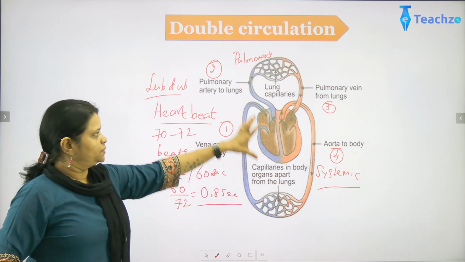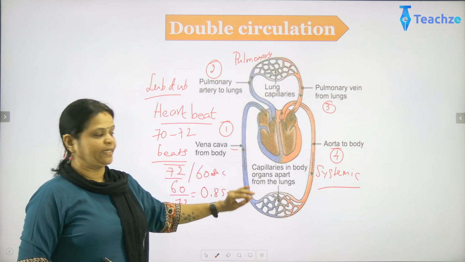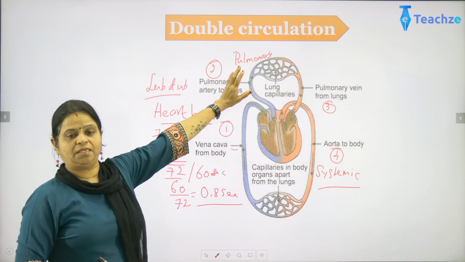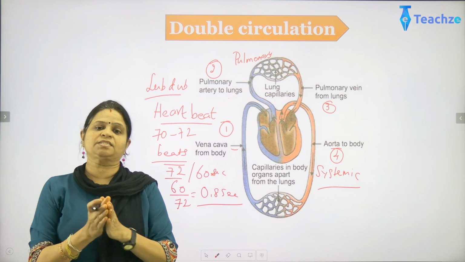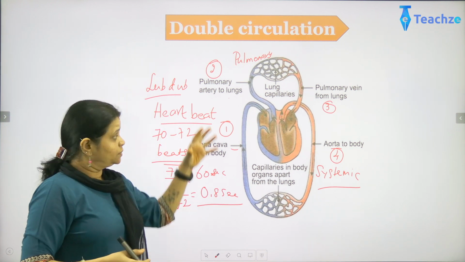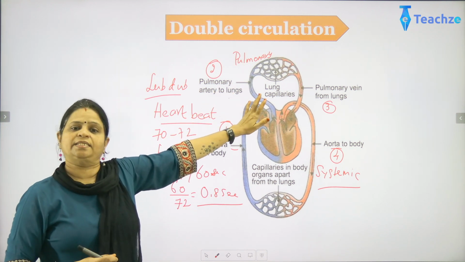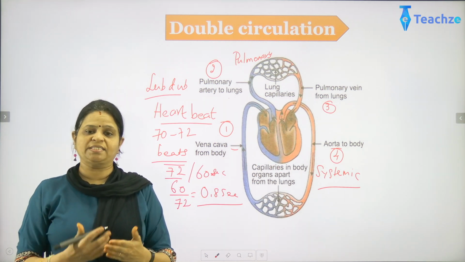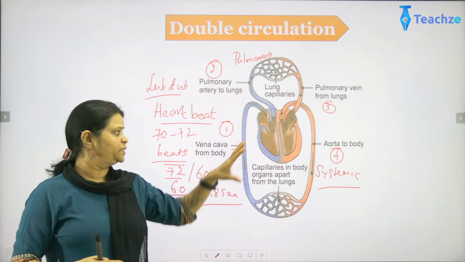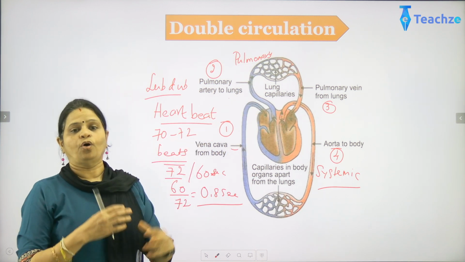So you have the entire circulation divided into the systemic as well as the pulmonary one. So 2 different circulations happening at the same place. That also we can say is double circulation. Basically, leaving the heart twice and entering the heart twice and being divided into 2 phases, all that will add up to the double circulation.